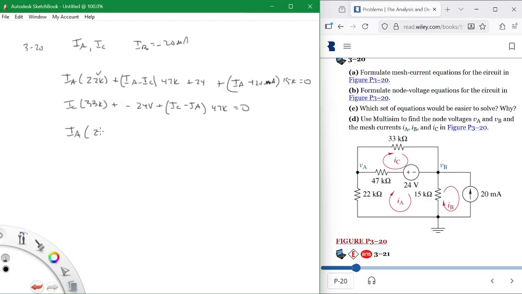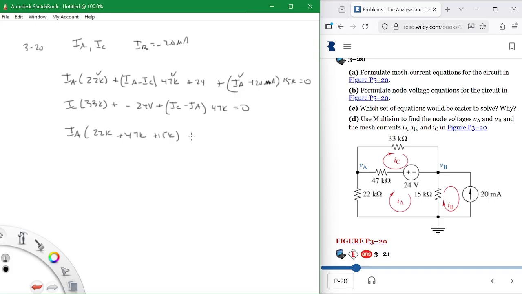22K. I put a check mark when I see it, 47K, 15K. That gets me my IAs. What about my ICs?